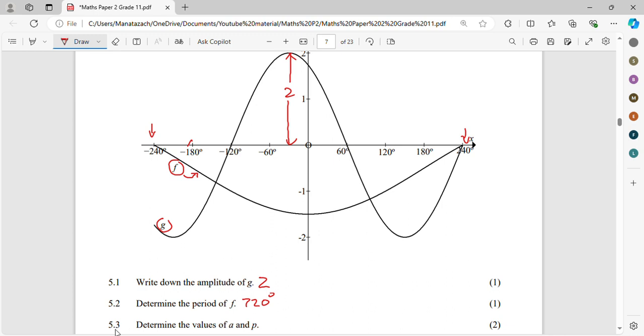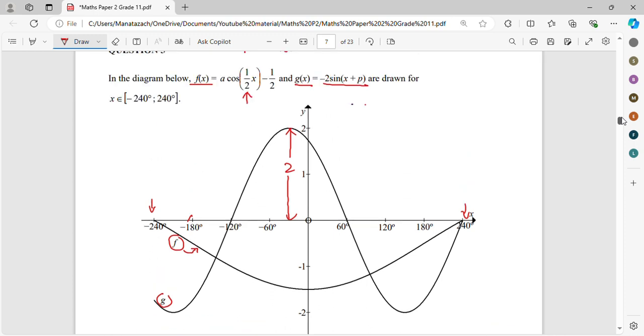And then 5.3, determine the values of A and P. Okay, let's look for the values of A and P. So here is the value of A for the cos graph. That would be the amplitude of the cos graph. So if you look at the graph here, it is shifted down by half a unit.